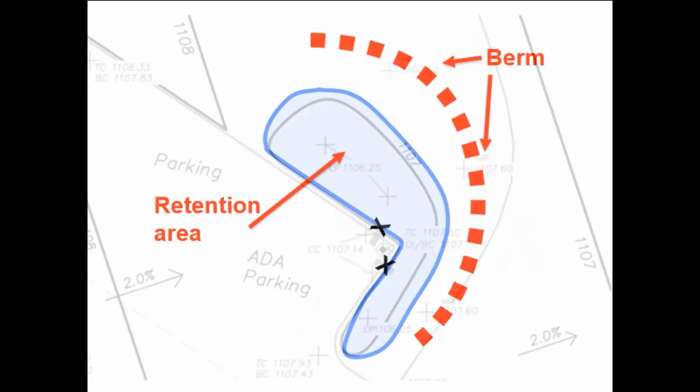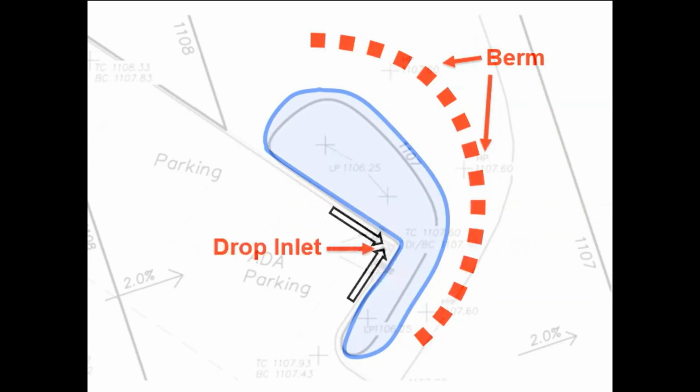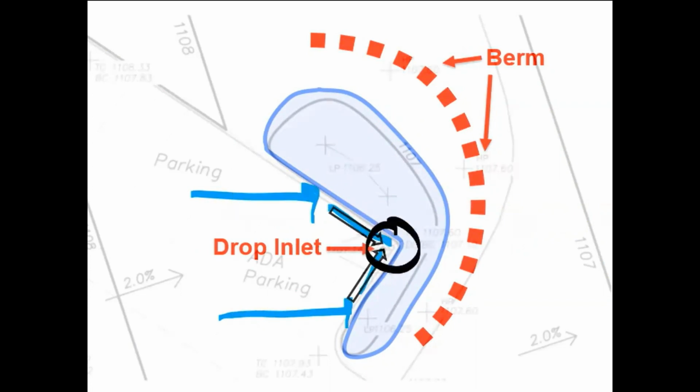And then, because we have this berm on the backside, this water backs up, and eventually it backs up to the curb cuts, and it blocks the curb cuts so that no additional water can flow into the system. So any additional water that's flowing across this parking lot has no choice but to flow to the corner and then into the drop inlet, because it's not allowed to flow into the bioretention area.